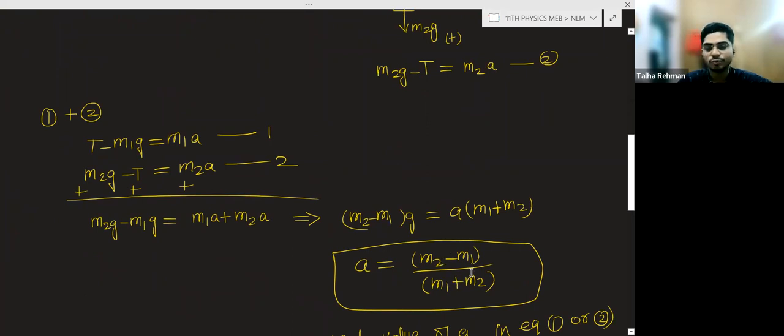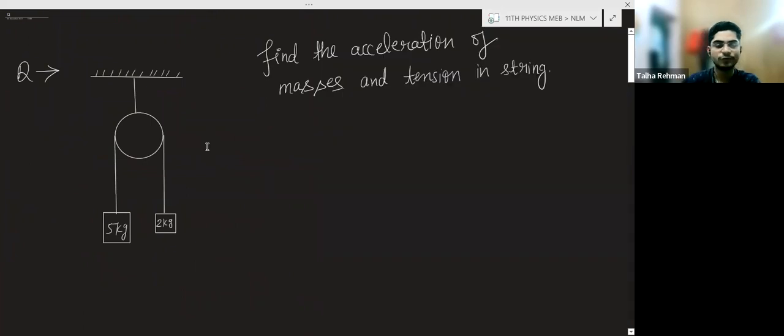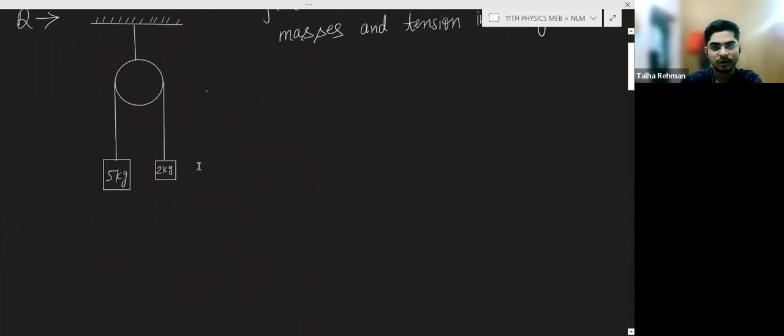You can use this formula, but I am drawing the free body diagram, so I am not using this formula, I am just using the free body diagram.